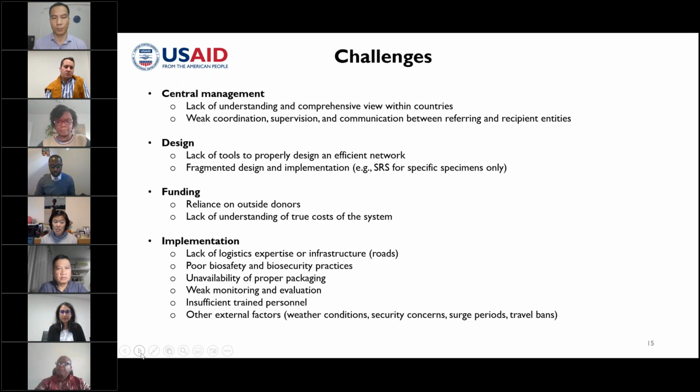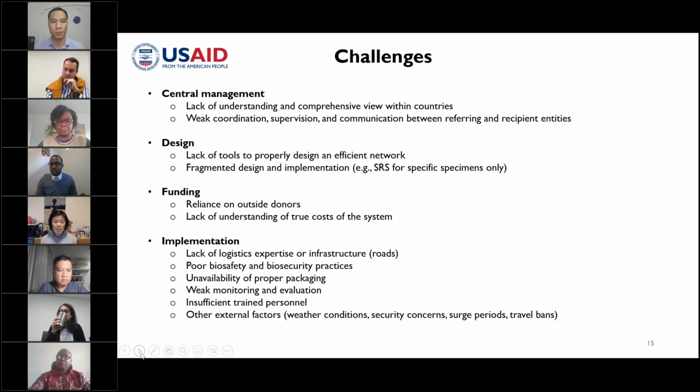On the design piece, some countries do not have access to the tools to properly design an efficient network. Also, what we see, and as Nisha had mentioned, there's fragmented design and implementation. So we often see that the specimen referral systems are siloed, similar to the way that disease programs can be. There's a lot of reliance on outside donors for specimen referral systems, and there's really a lack of understanding of how much specimen referral systems truly cost.